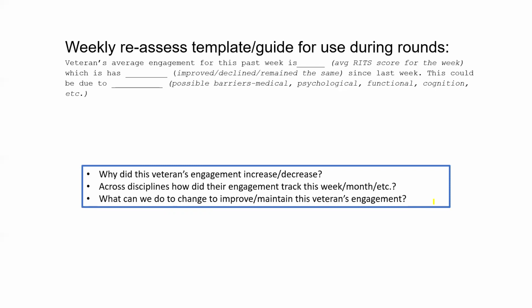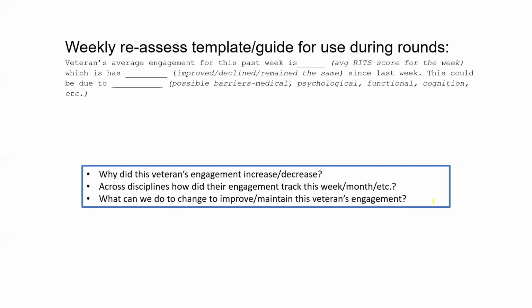And then this could bring up discussions and questions in rounds such as, so why did the veteran's engagement increase or decrease for this particular discipline? And across disciplines, how did their engagement track this week, month, et cetera, and why?